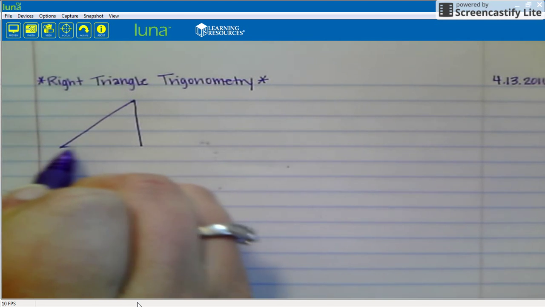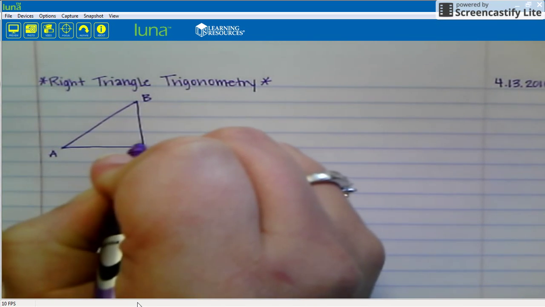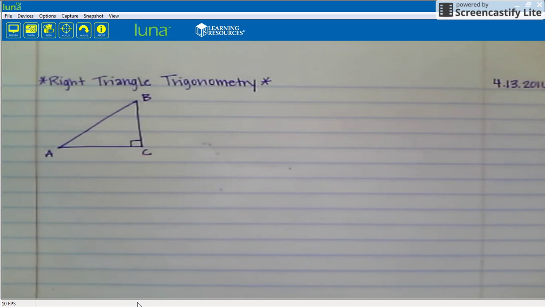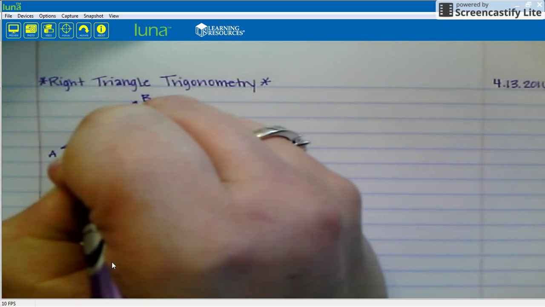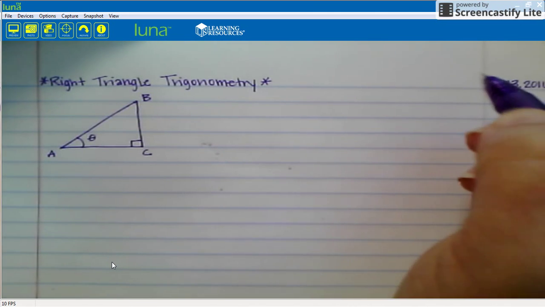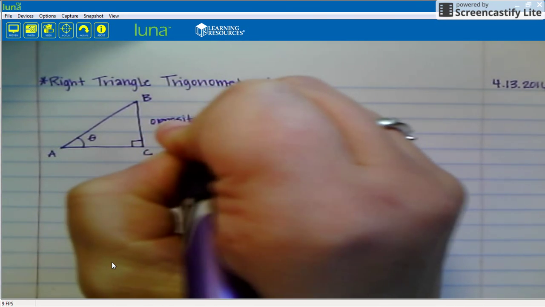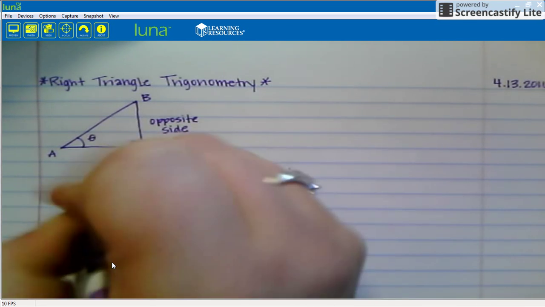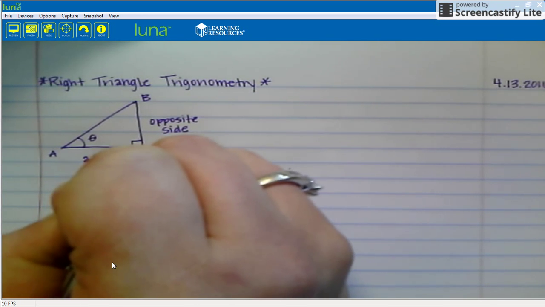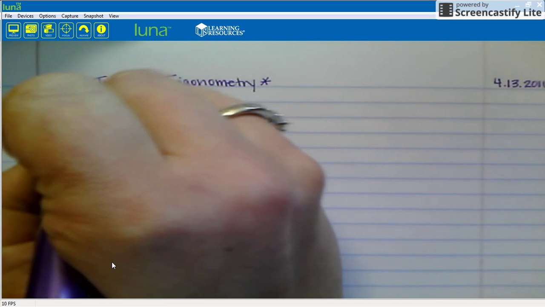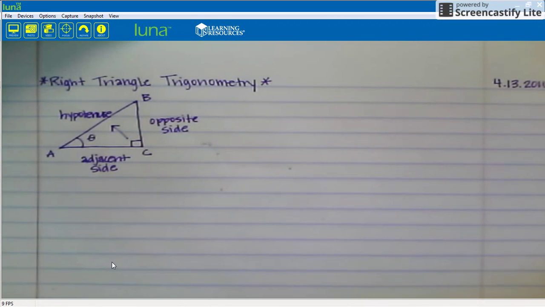So if I have this right triangle, A, B, C, where C is my right angle, then the sides that we work with, if I call the angle at A theta, are the opposite side, the adjacent side, and the hypotenuse. Your hypotenuse will always be opposite your right angle and is always the longest side of your triangle.